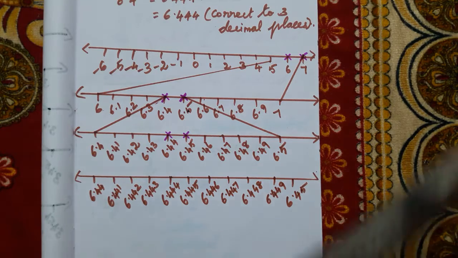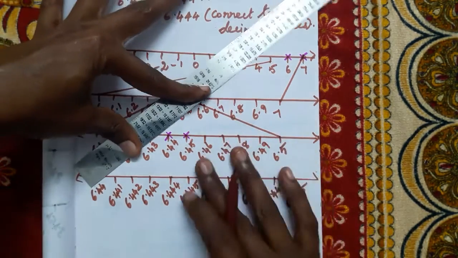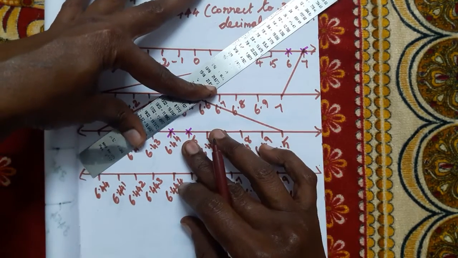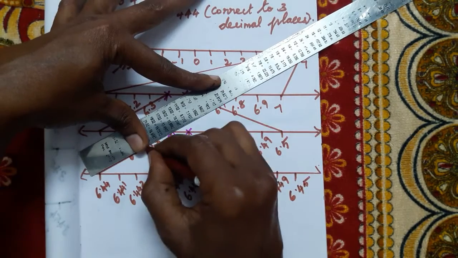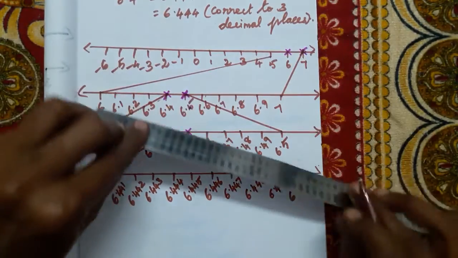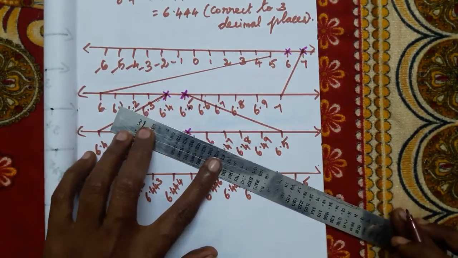Now what we have to do? Join 6.44 to 6.44 and 6.45 to 6.45.